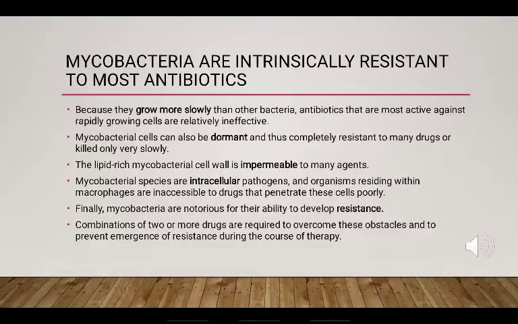So whenever we talk about TB, you have to know that multiple agents are needed to treat tuberculosis, as if you are treating cancer actually. Most of the time we need combination of chemotherapeutics, and we have certain regimen to treat cancer. This is almost the same.